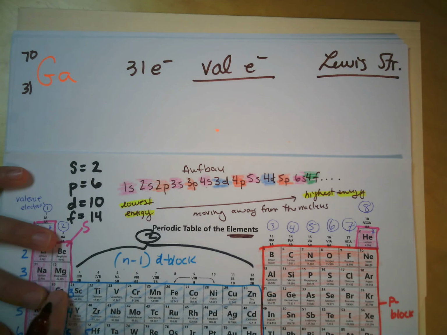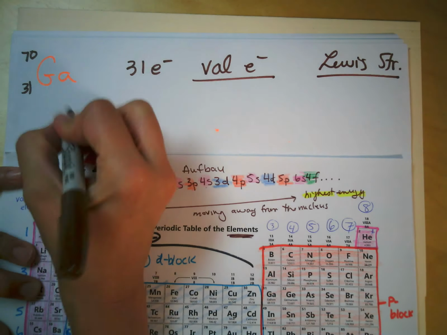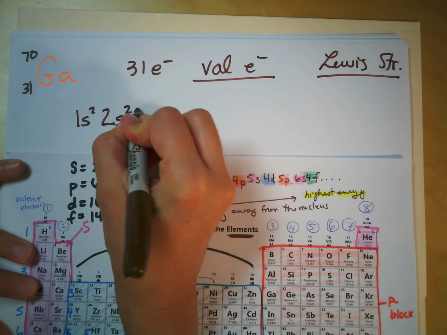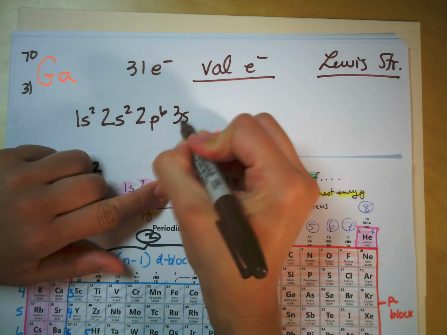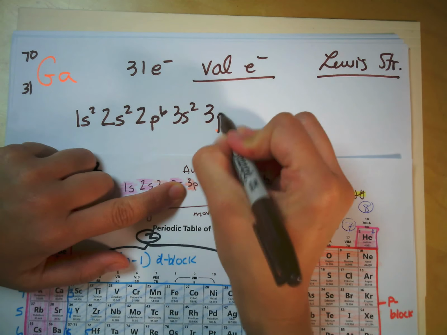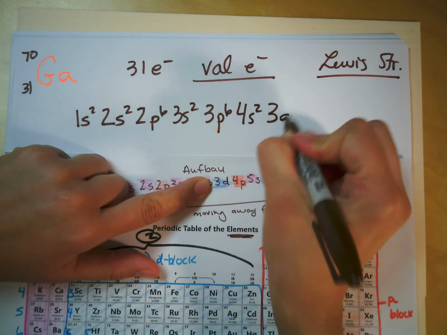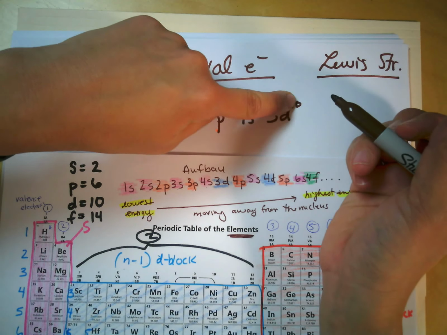So we know that we're going to at least go to 3d10 because we just did germanium. So I'm going to go through that kind of quickly. 1s2, 2s2, 2p6, 3s2, 3p6, 4s2. Remember, D can have up to 10, so we're up to 30.